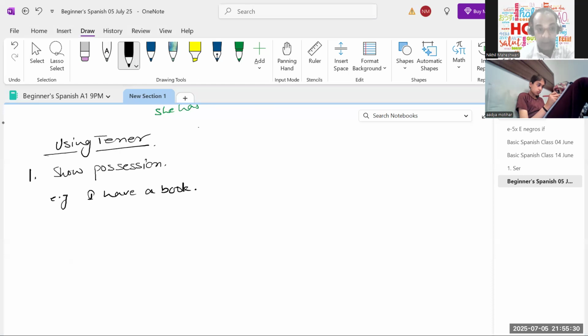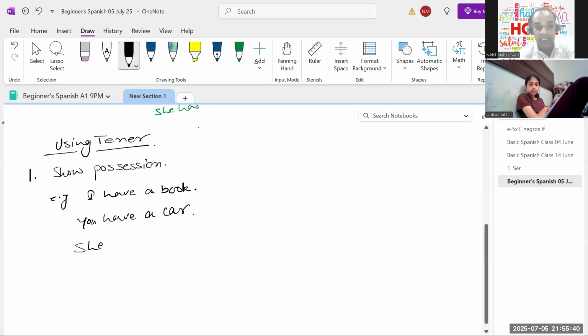Another example could be, you have a car. Another example could be, she has a cat. Now, all of these 3 sentences show the possession.